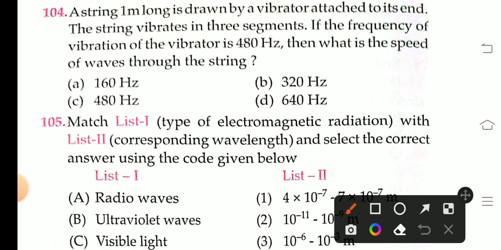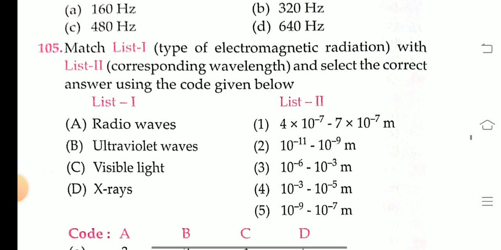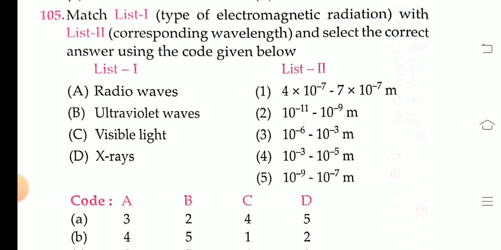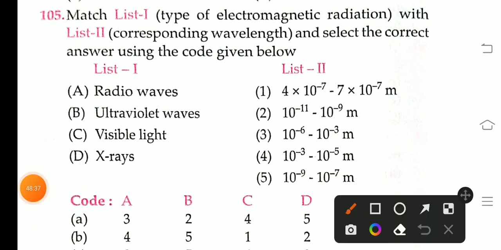Right answer option B, 320. Next, match list one, types of electromagnetic radiation, with list two, corresponding wavelength, and select the correct answer using the code given below.